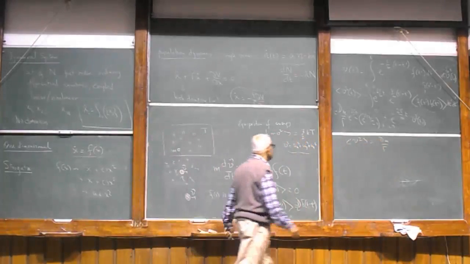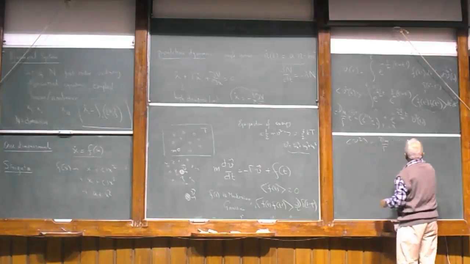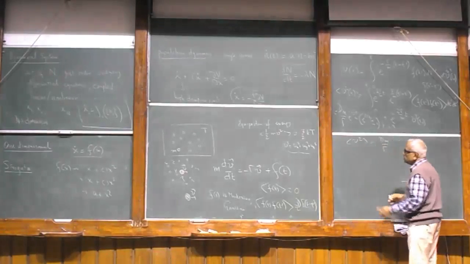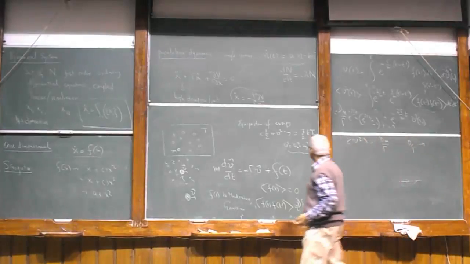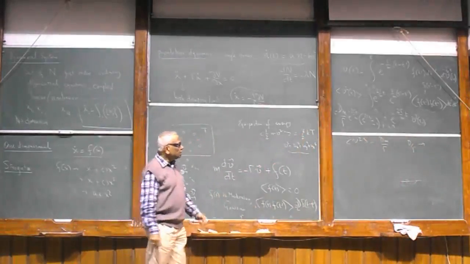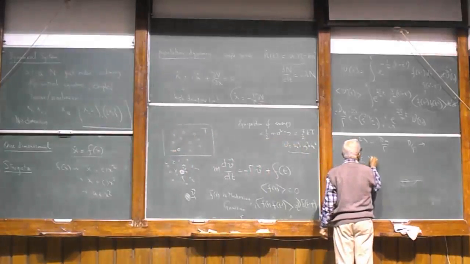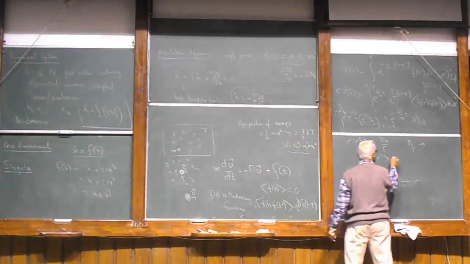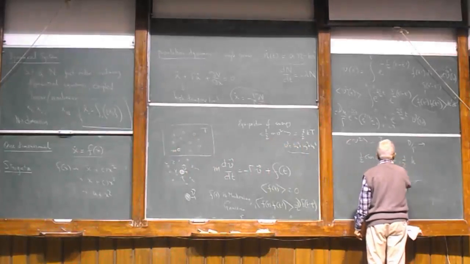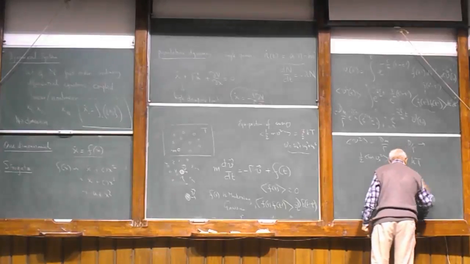And if I choose now this D over gamma correctly in terms of this temperature over here, the choice of D over gamma would tell me. I choose it in such a way that this is equal to half m v squared is just half kT. So this is how it goes.